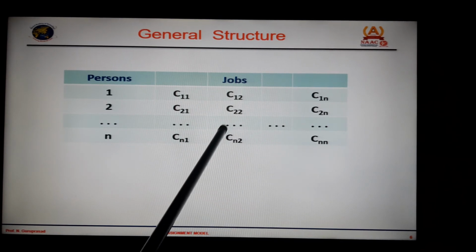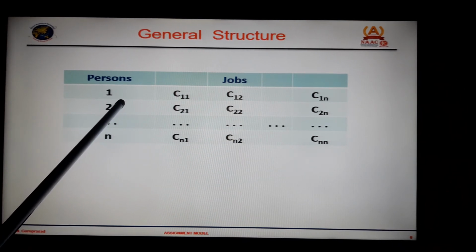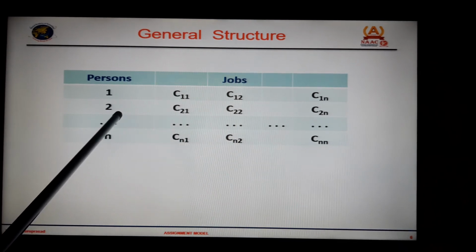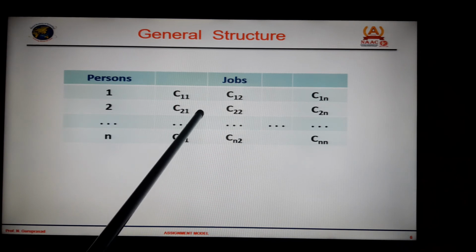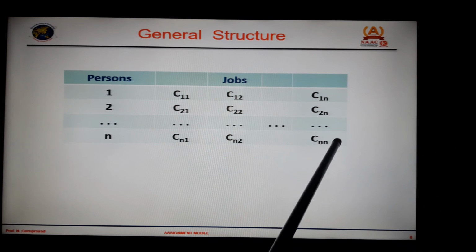What does it say? Have a look at this C11. This C11 signifies that if person 1 does job 1, then the total cost involved will be C11. Similarly, if person 2 does job 1, then the total cost involved will be C21. Similarly, I have n here, and the cost involved in doing the nth job is Cnn.